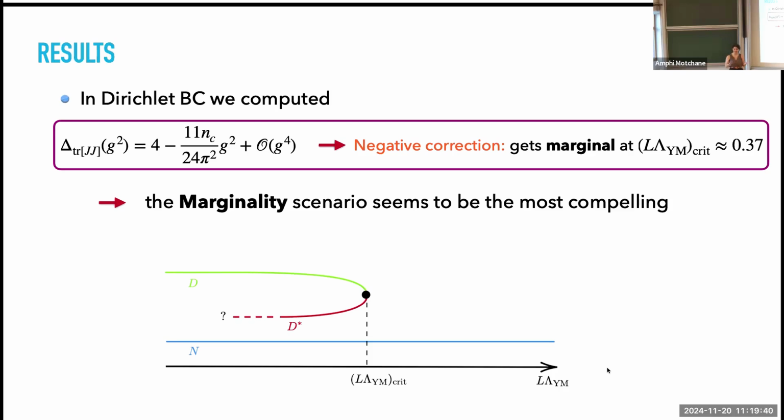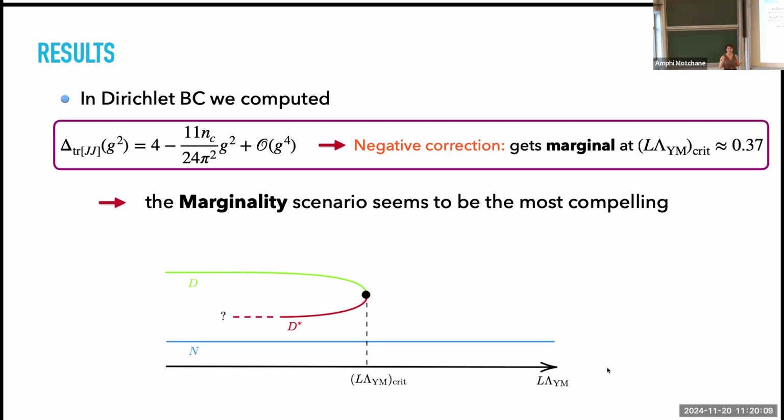Yeah, the problem is that we didn't find a plausible ansatz. My collaborator Riccardo started a discussion with Shota about this, but they didn't find a possible candidate for this D star in this 3 plus epsilon theory. So I don't know if this is something that can be done in practice.